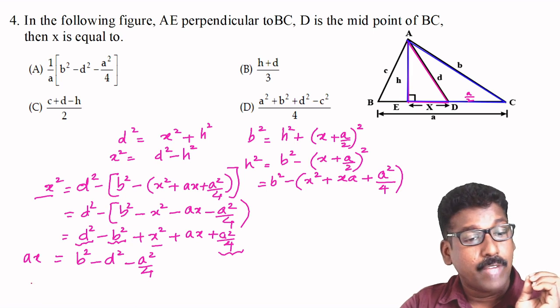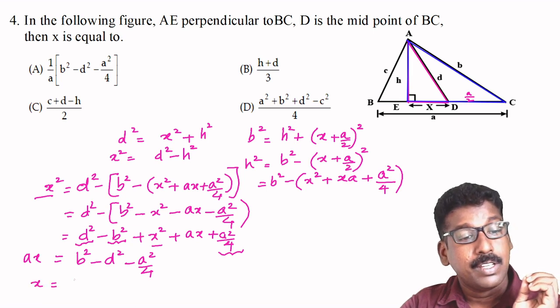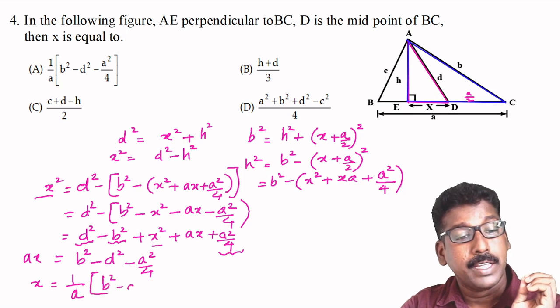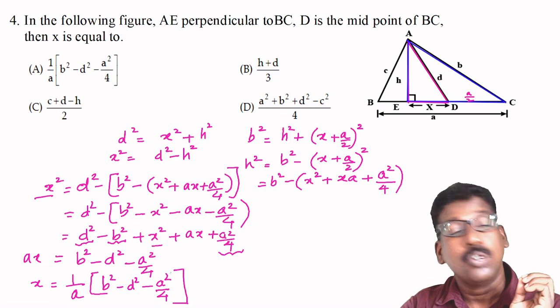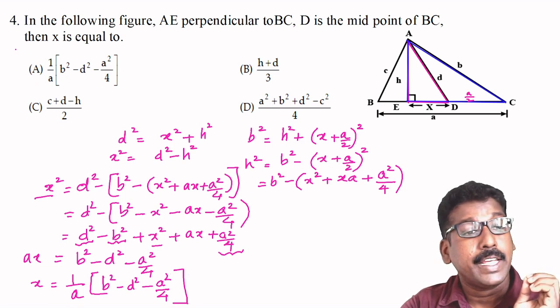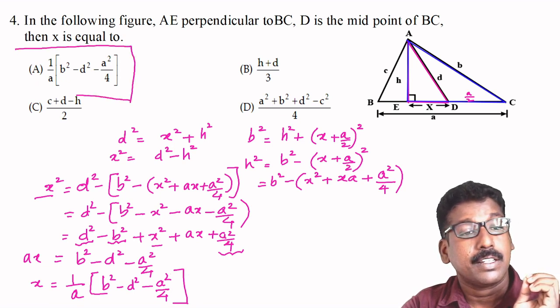Now, what is the value of x? x you can write as, a transposed to the other side, it is 1 by a, then b square minus d square minus a square by 4. So, here option A is the correct option.